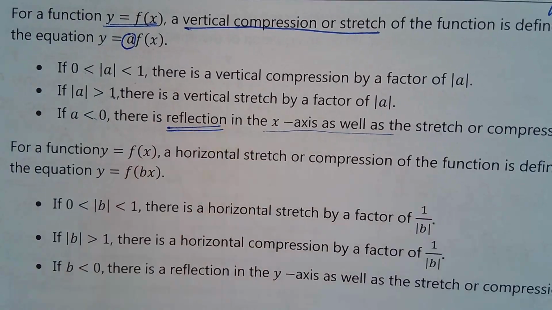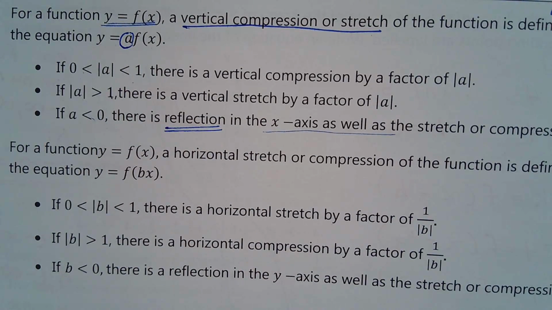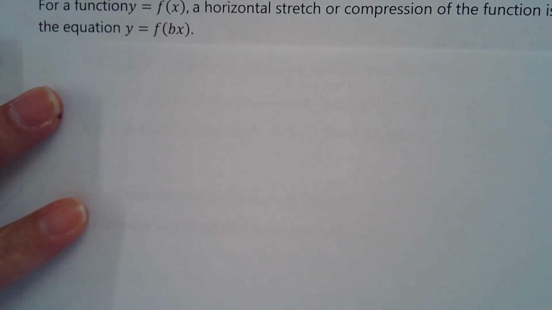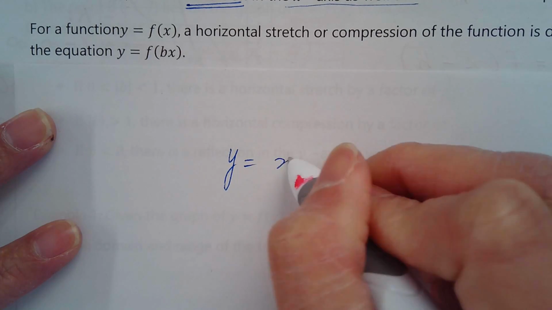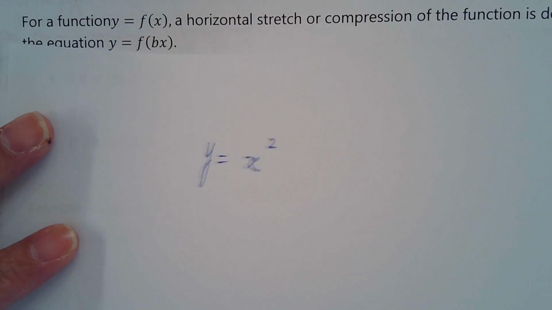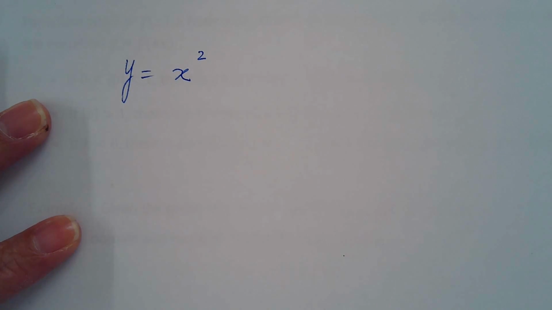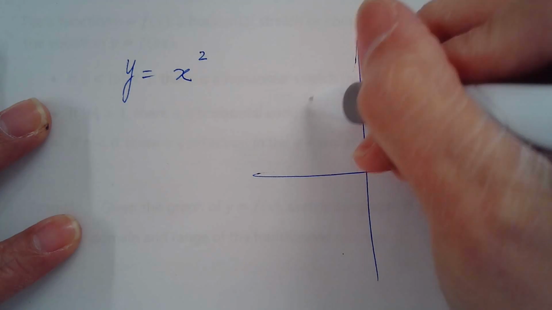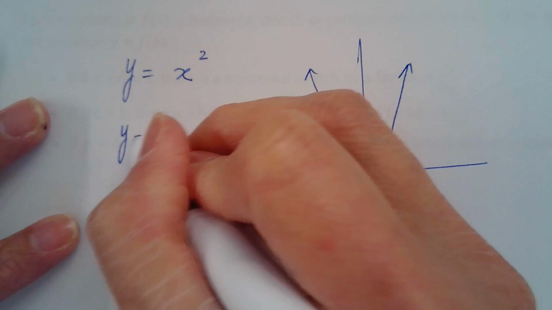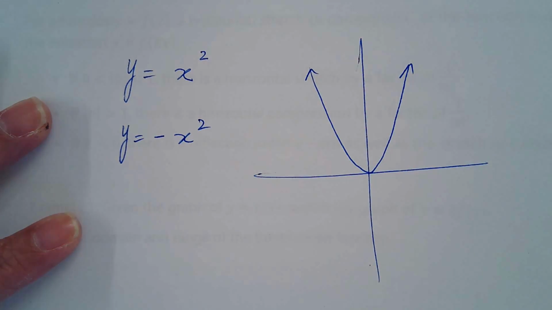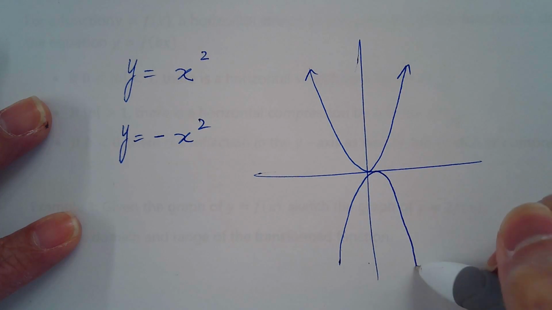Now, I just want to talk about that for a second. This is something that you've done already in grade 11. So when you have something like this, this is a quadratic function, and everyone seems to be familiar with this. This is what the graph looks like. Now, what if we stick a negative at the front? What happens? It opens down.